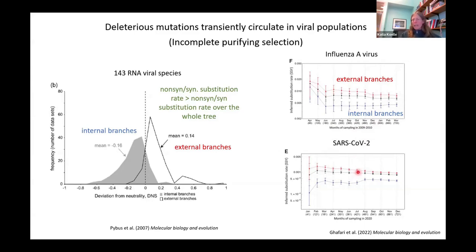The clock rate on external branches exceeds, sometimes pretty substantially, that of internal branches, indicating again that this is consistent with incomplete purifying selection for these viral pathogens.